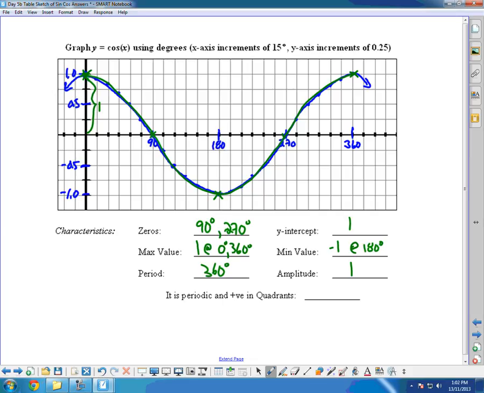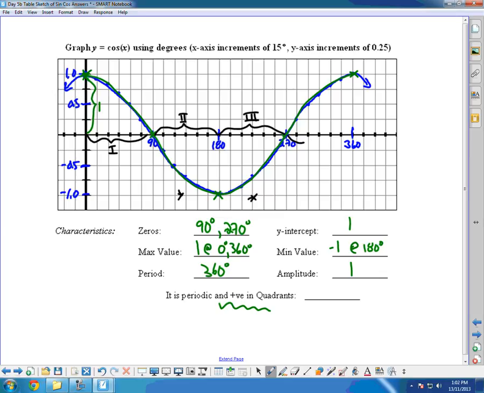Now the question is, when is it positive? Well, if we look at the quadrants again, it's positive right here, which is the first quadrant. This is the second quadrant, and it's negative. The graph's down here. This is the third quadrant, and you see it's negative again.